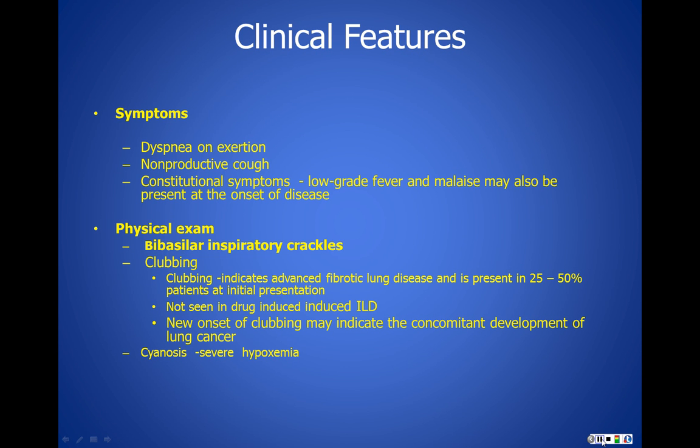Famous bibasilar crackles can be heard in these patients on auscultation. You have to remember 2 things about clubbing. Clubbing may be present at the time of presentation. If a patient does not have clubbing at the time of diagnosis, but develops clubbing down the road, in 6 months, please think about development of lung cancer from the scar. Okay? When you're hypoxic, you can develop cyanosis.